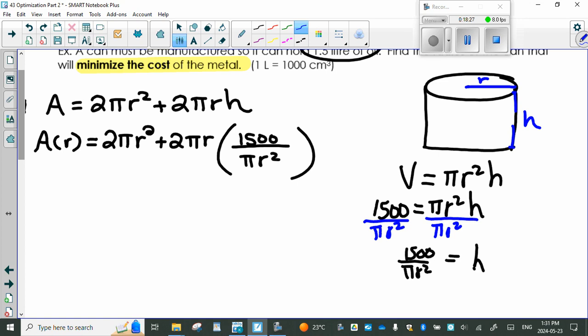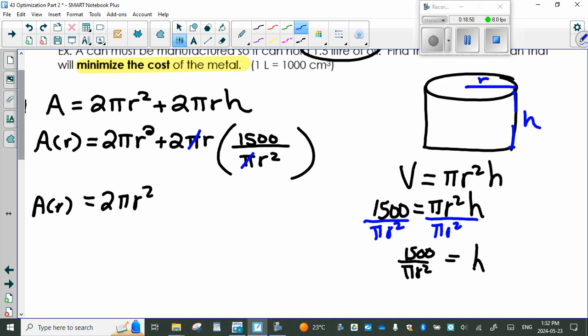Remember, we want to make it as easy as possible to derive. Does anyone see any interesting stuff that's going on here? We could expand the 2 pi r, but we're not going to because we don't want to use the product rule. Vanessa? First, pi r squared to the -1. Okay, so you're jumping steps here.